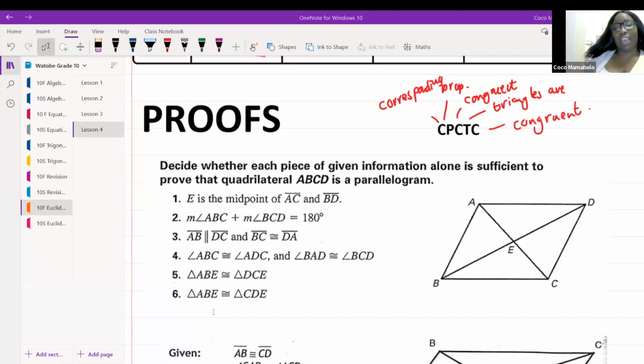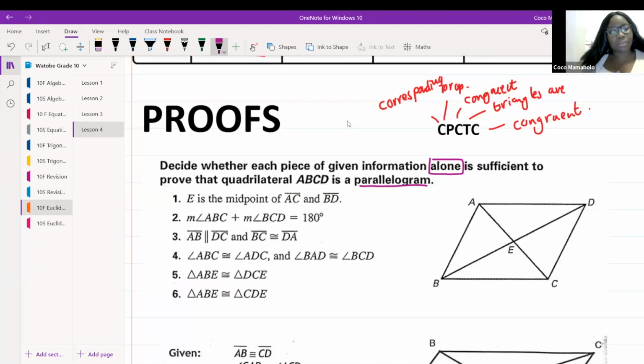All right. So over here, we've got a parallelogram. They're telling us that it's a parallelogram. And they say to us, decide whether each of the given information alone is sufficient to prove that a quadrilateral ABCD is a parallelogram. Now, when we're looking at the statement, it almost sounds like, ma'am, what are you saying? But we know that there are certain properties of parallelograms that only belong to parallelograms.